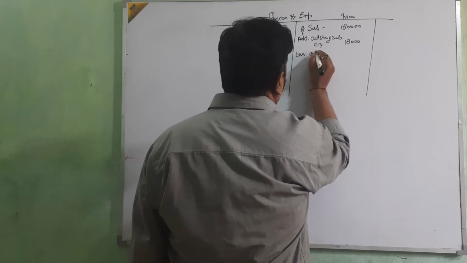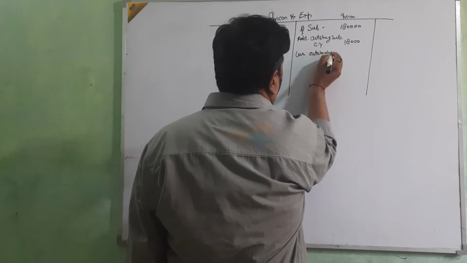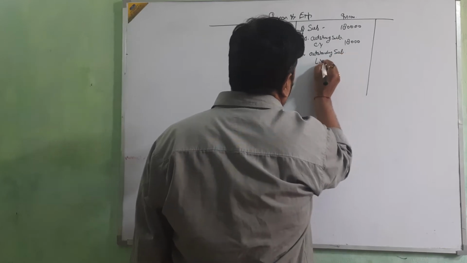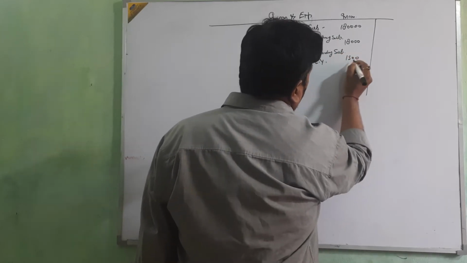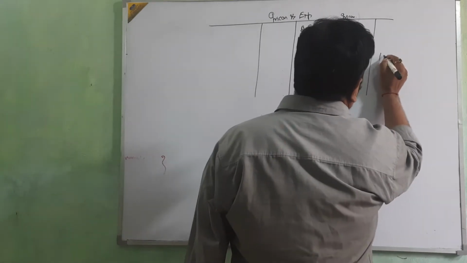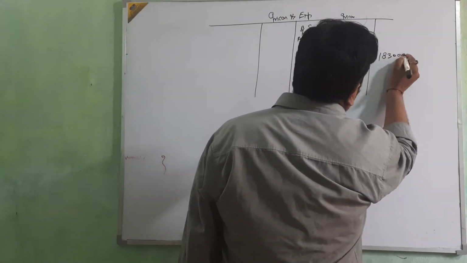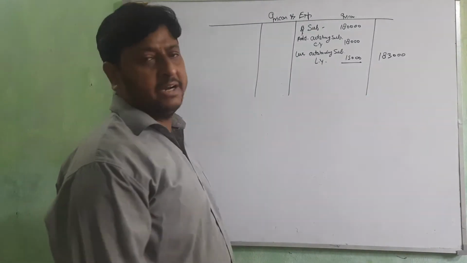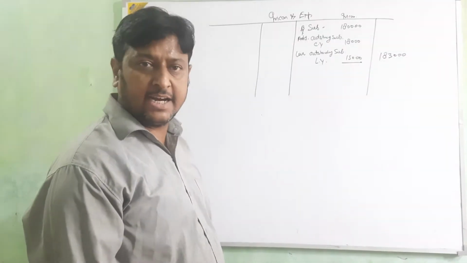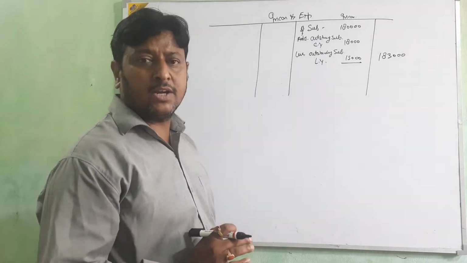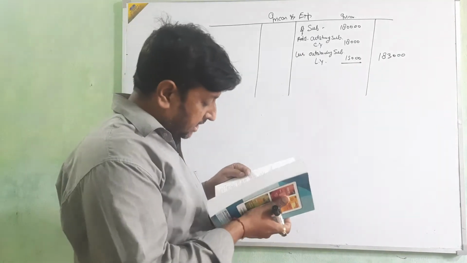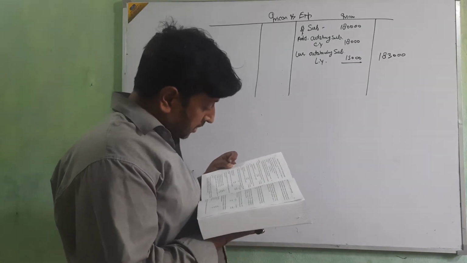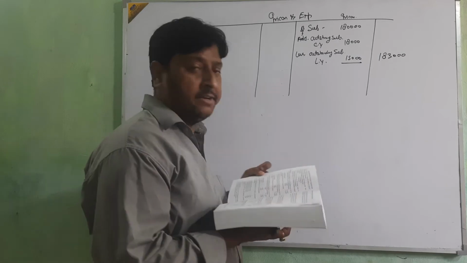Then less outstanding subscription last year 15,000. That comes to 1,83,000. In this way we are going to present subscription in the income and expenditure account. Clear?